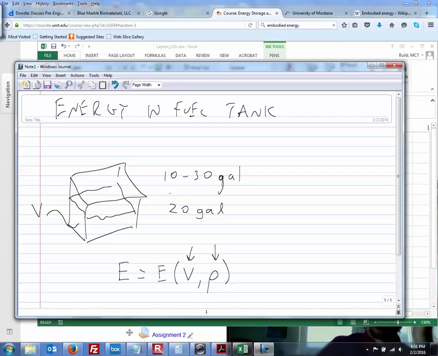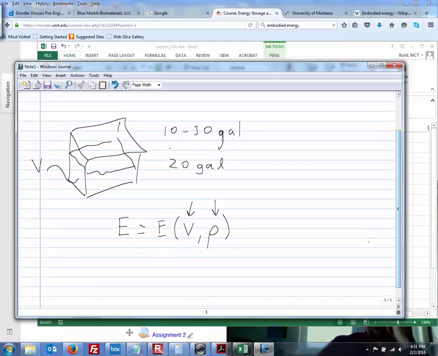Well, sure. So in your ponderings, you might say, oh gosh, maybe the energy is also a function of the volume, the energy density, the temperature, question mark, and I'll just write G for grade, question mark.